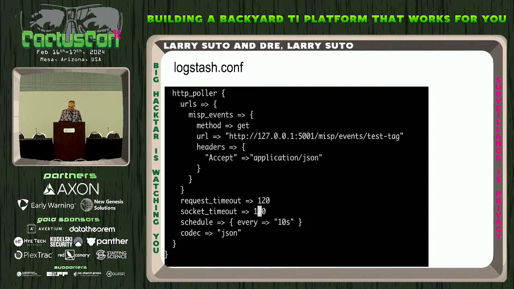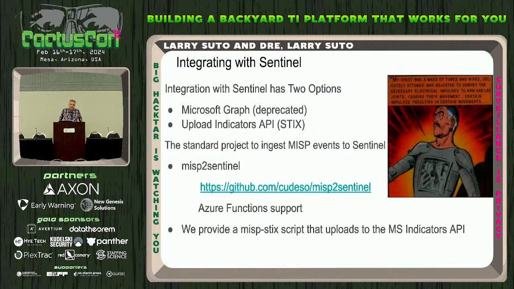And then Sentinel. This is something I've been working on for my own personal work, integrating MISP with Sentinel. Sentinel has a TI module, and with that TI module, you can get the indicators, and then you can build KQL searches from those indicators, which is really nice.